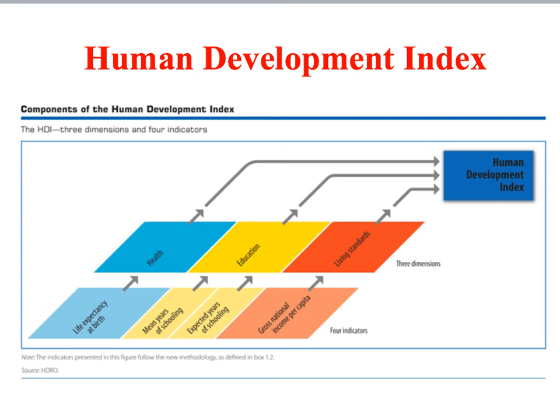And then it also looks at health, and it looks at life expectancy at birth as the key indicator of the health of the nation. And in the Human Development Index, countries are ranked according to how they perform on these 3 areas, and an equal weighting is given to each of these 3 dimensions.